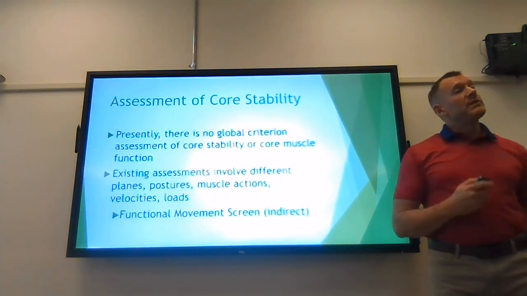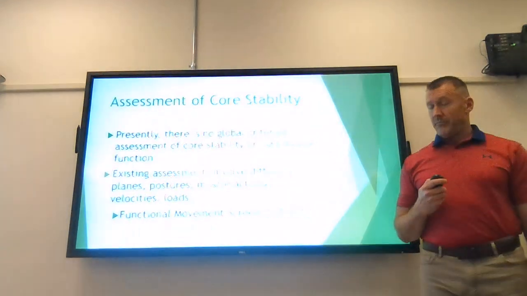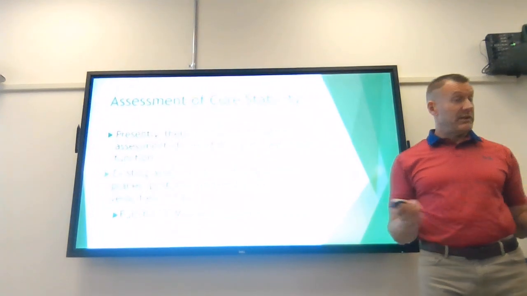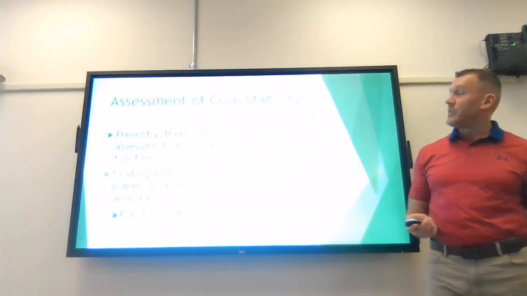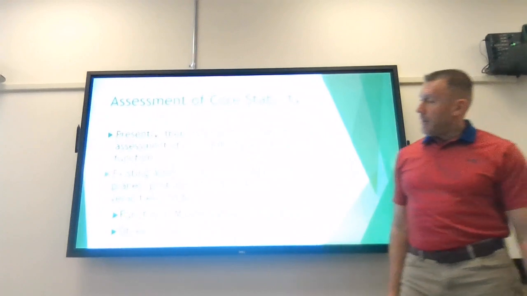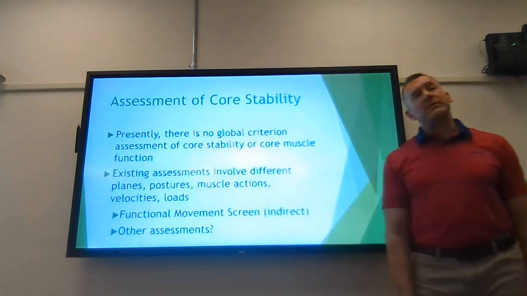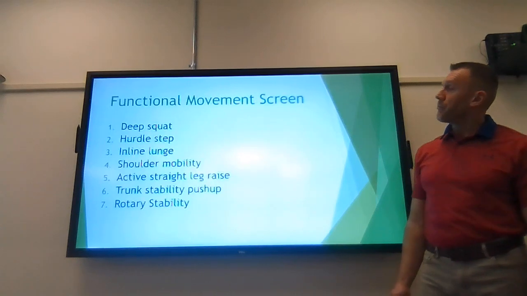So the functional movement screen involves some components that would assess core stability, right? So we went through the entire assessment as part of the lab. And then we have other assessments. We'll talk about one of them.